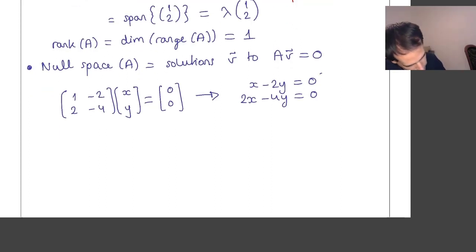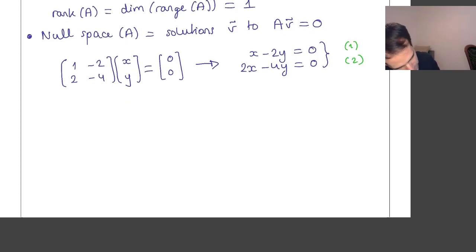So we have the system of two equations and two unknowns. Let's call this equation 1 and equation 2. And the two unknowns are x and y. So if we now do twice equation 1 minus equation 2, then what we get is actually that 0x plus 0y equals 0.